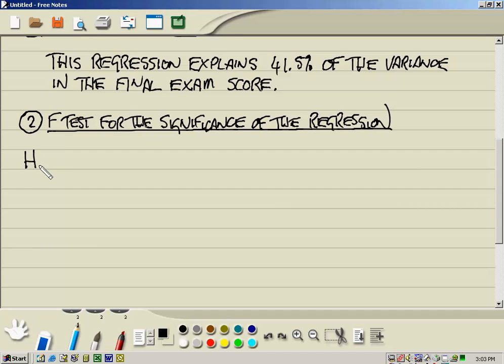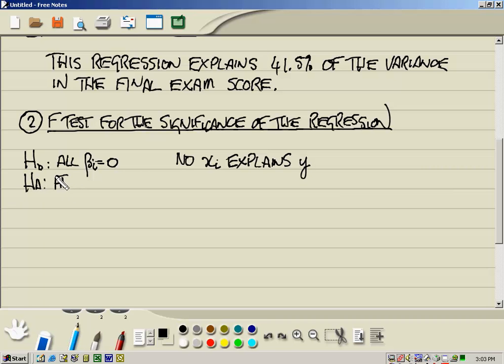Null hypothesis will be that all the beta i's in the regression are equal to 0. That means that no x sub i in the regression explains the y.